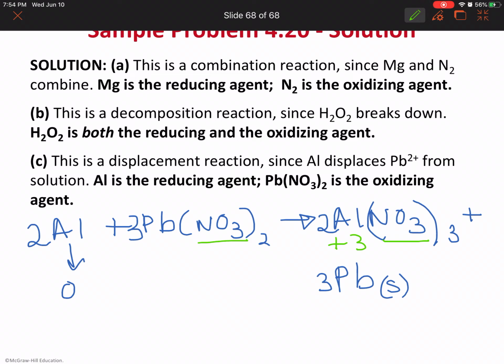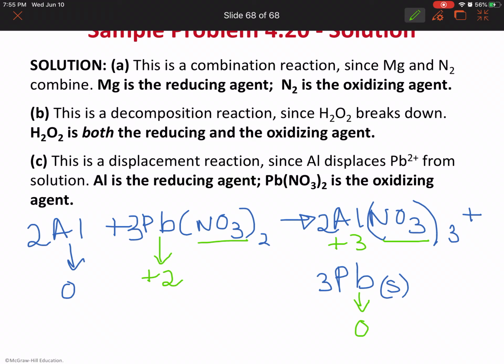But if you do calculate, oxygen is negative 2 and nitrogen would be positive 5. And for here lead oxidation number is plus 2, lead 2 nitrate, right? Lead 2 means lead is plus 2, and then here elemental lead it is 0.